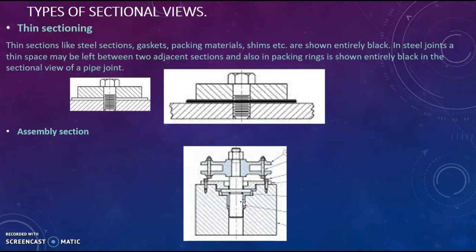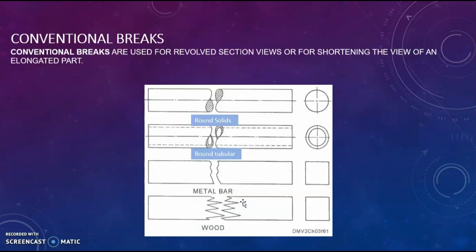Now let's look at some conventional breaks that we have in engineering drawing. What do we mean by conventional breaks? As engineers, we will meet a lot of materials, and in the drawing we have to indicate what each material is.